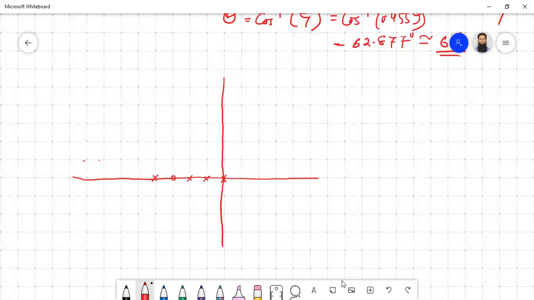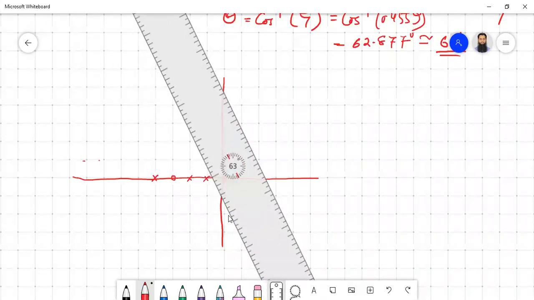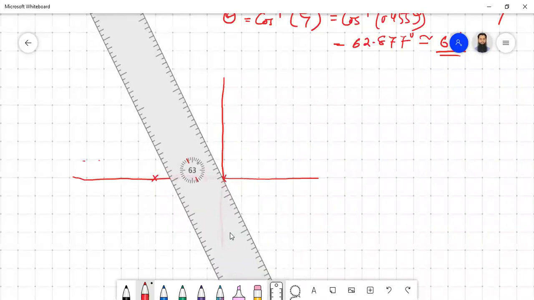What they are asking is to draw an angle of 63 degrees.